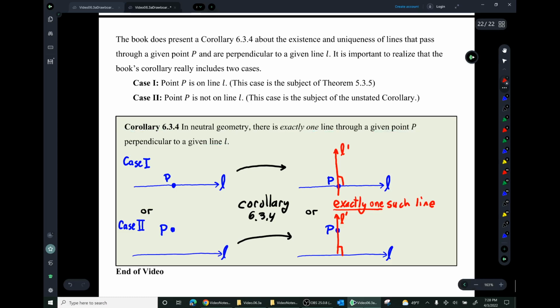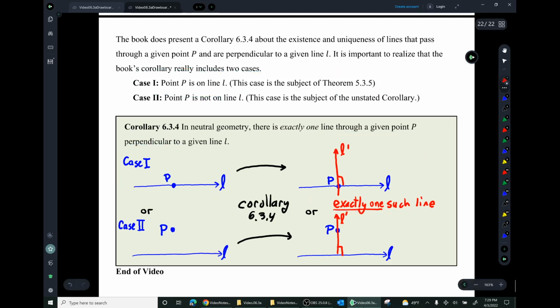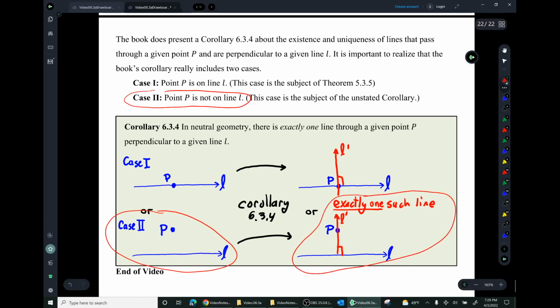It encompasses this case 1, where point P is on line L. Well, we already knew from Theorem 4.3.5 that in that situation, there's exactly one line L prime that passes through P, and that's perpendicular to L. But this corollary also encompasses this case, the case where point P is not on line L, and this corollary says there's exactly one line in this case as well.